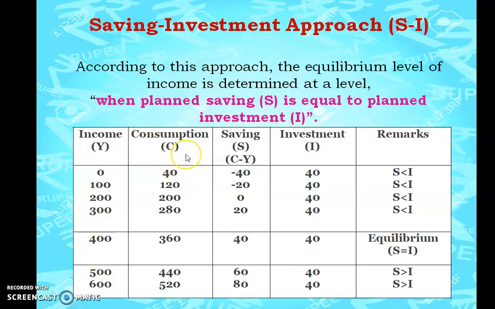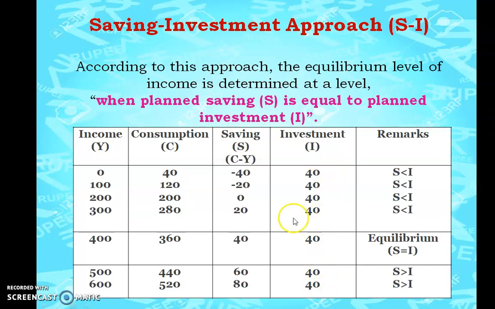Coming to the consumption function, as your income increases, the consumption is also going to increase. And how do we compute the savings? Savings is nothing but income minus consumption. So this is how we compute. Investment, we said that it will be constant.